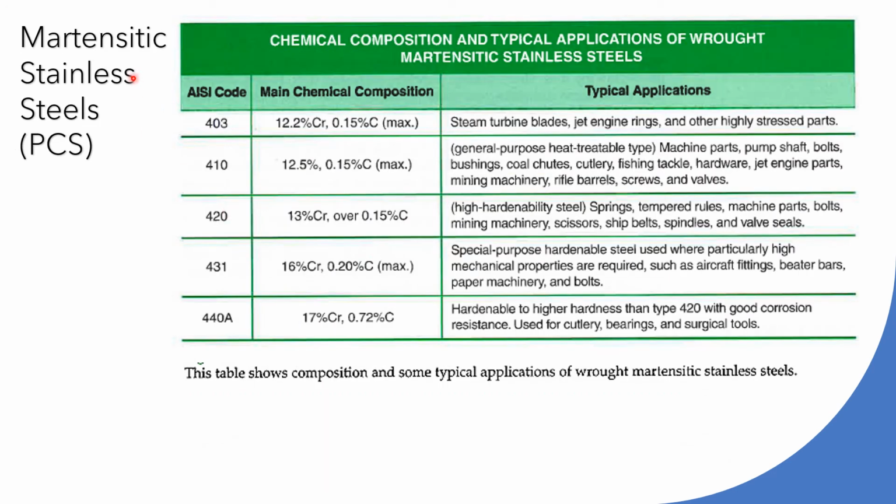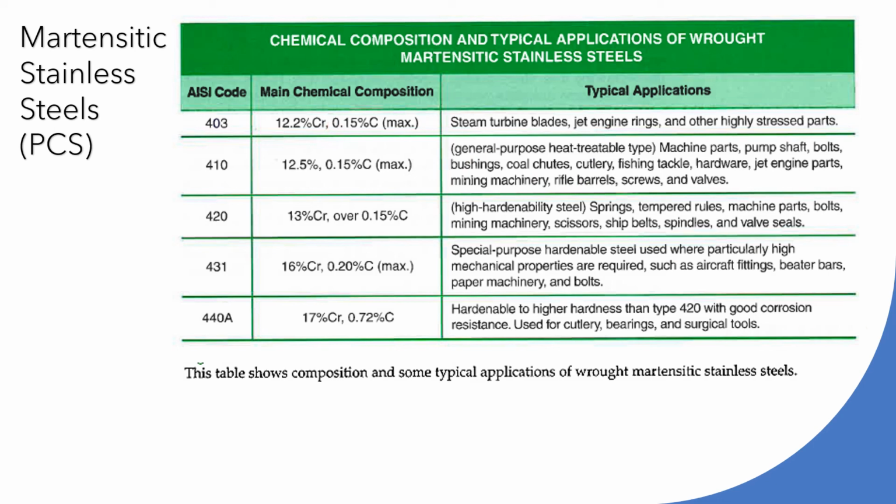Martensite is a stainless steel. It belongs to the PCS type. Again, the same thing: looking at the chemical composition, we have a different code, and you apply the application according to the code because the composition really, really matters.